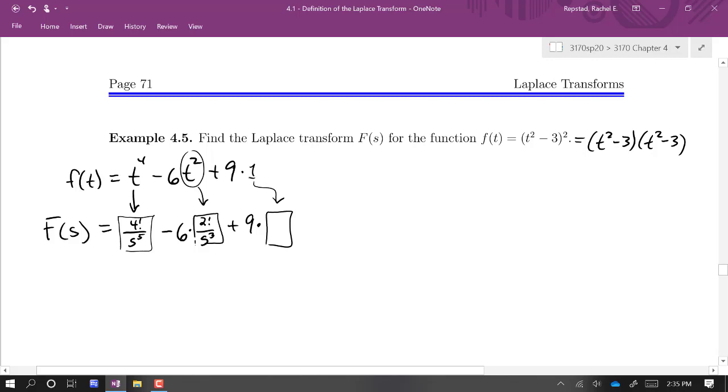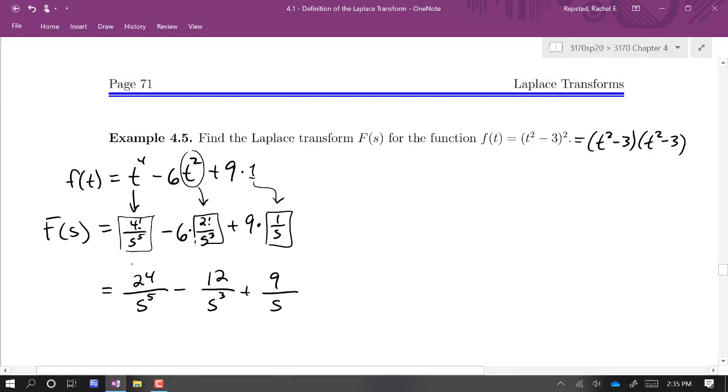And then the transform of 1 is 1 over s. Now I'm just going to clean this up a little bit before we simplify. So 4 factorial, 4 times 3 times 2 times 1, that's 24 over s to the 5th. 2 factorial is just 2, times 6 is 12 over s cubed, plus 9 over s.